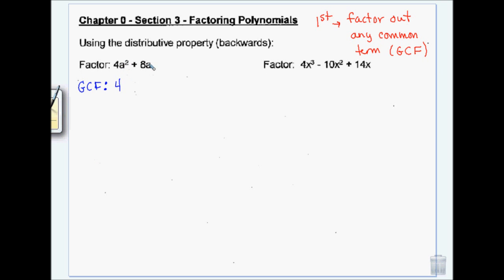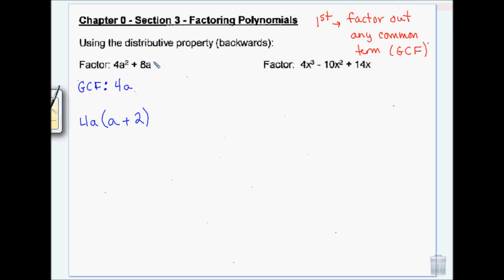Then I have 2 A's and 1 A, so I can take out 1 A from each of them. If I factor out 4A, and I take 4A squared and take away the 4 and one of the A's, I have an A left. If I have 8A and I take out a 4, I have 2 left. And if I take away the 1A, there are no A's left.